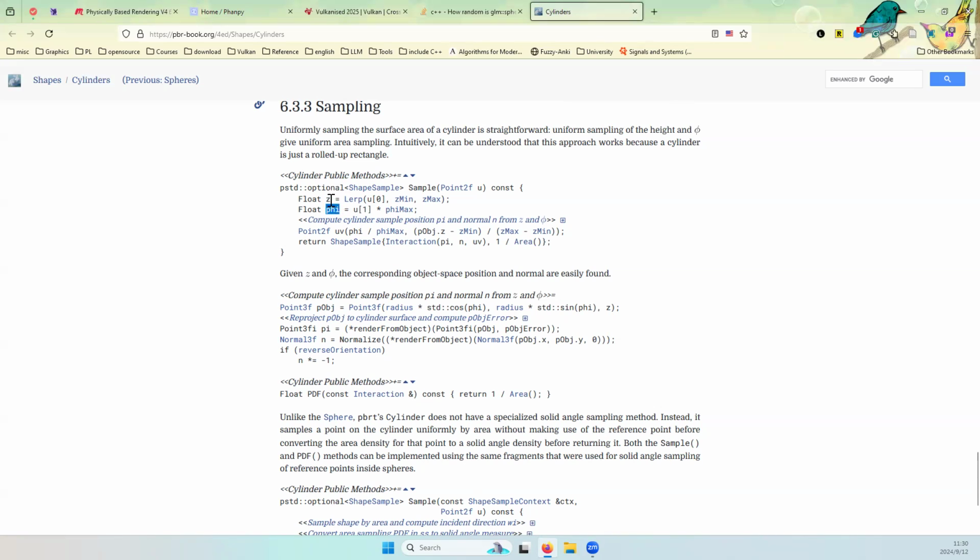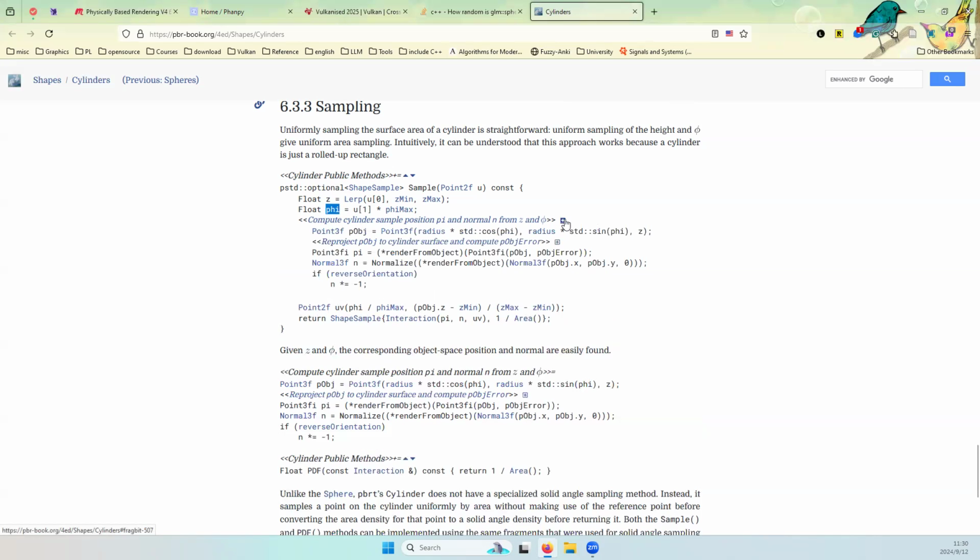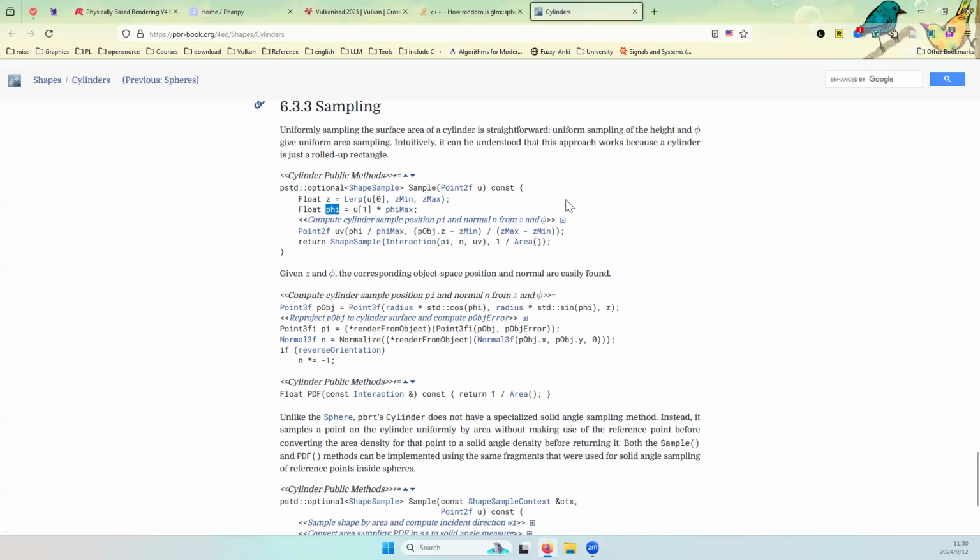They get you height and phi, and then yeah, they use inverse lerp again. So that's why, like Fourier said, this is a function often overlooked.